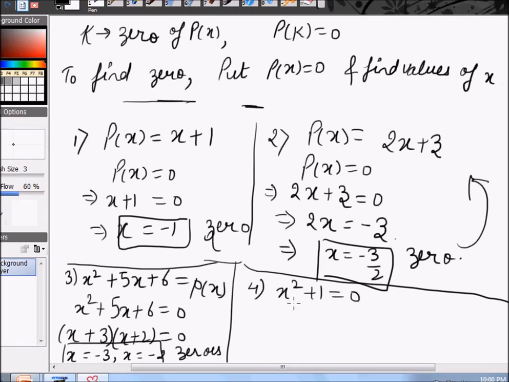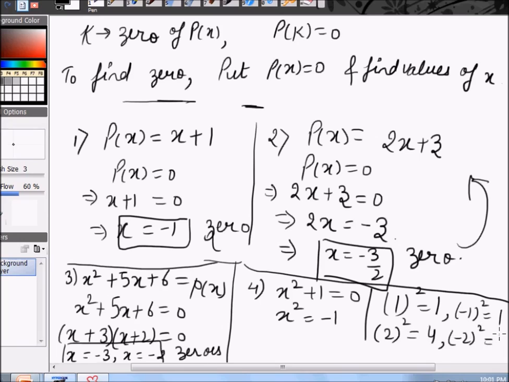Now the last example, x square plus 1 equal to 0. If we have to find these zeros, bring the 1 to RHS, which gives us x square equal to minus 1. Friends, we can easily see that 1 square equals 1, even minus 1 squared equals 1, 2 when squared equals 4, minus 2 when squared equals 4.